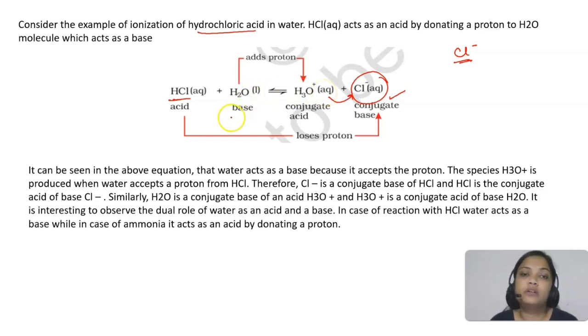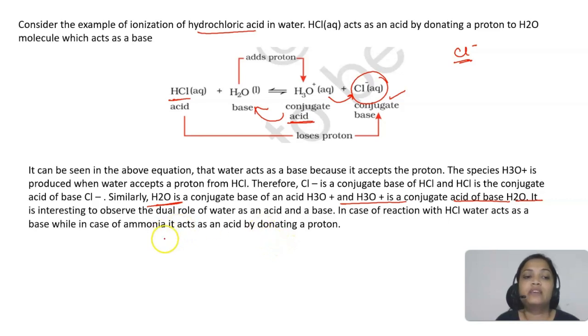And water was acting as a base in this case, because it is accepting a proton and getting converted to hydronium ion. So hydronium ion is the conjugate acid of water in this case. So that's what we have understood from the conjugate acid base concept.